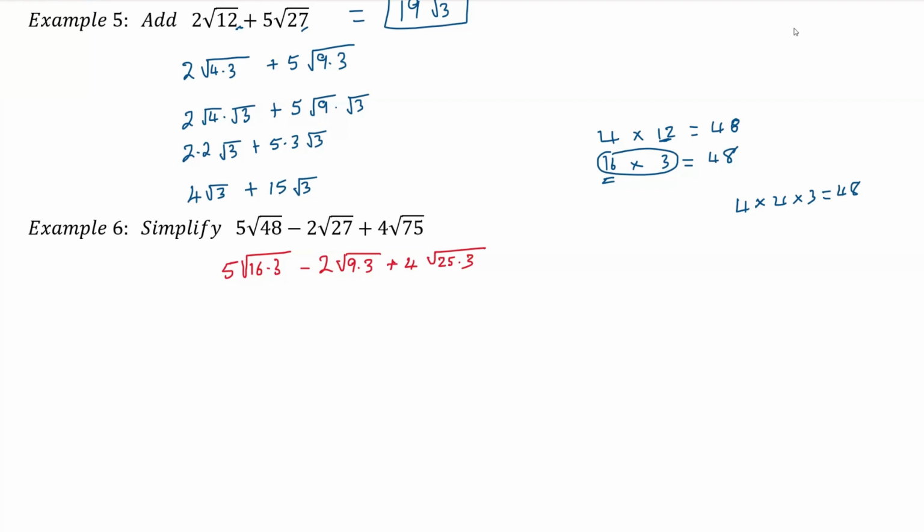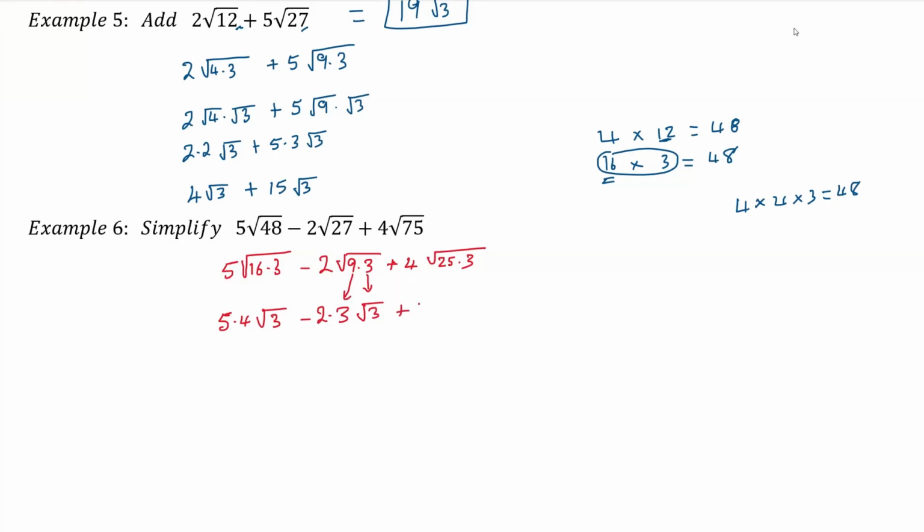So the square root of 16 is 4, so it's 5 times 4, and the square root of 3 is left inside. Square root of 9 is 3, and so a 3 is left inside. That's this 3 is left inside. And the 9 you take the square root of.